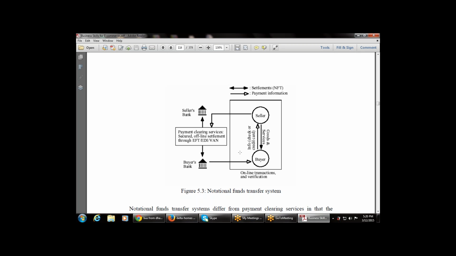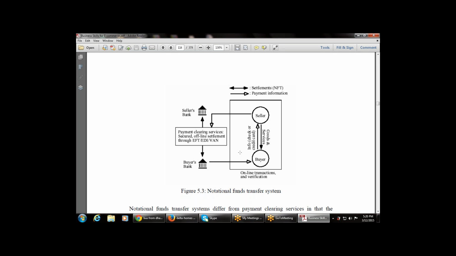And the seller also contacts the seller's bank, that is a payment clearing system, for secure offline settlement through EFT, EDI or VAN, that is a value added network. EFT means electronic fund transfer, EDI means electronic data interchange. So any clearing service used is very secure, and there is an offline settlement, that is, not everything is going online.